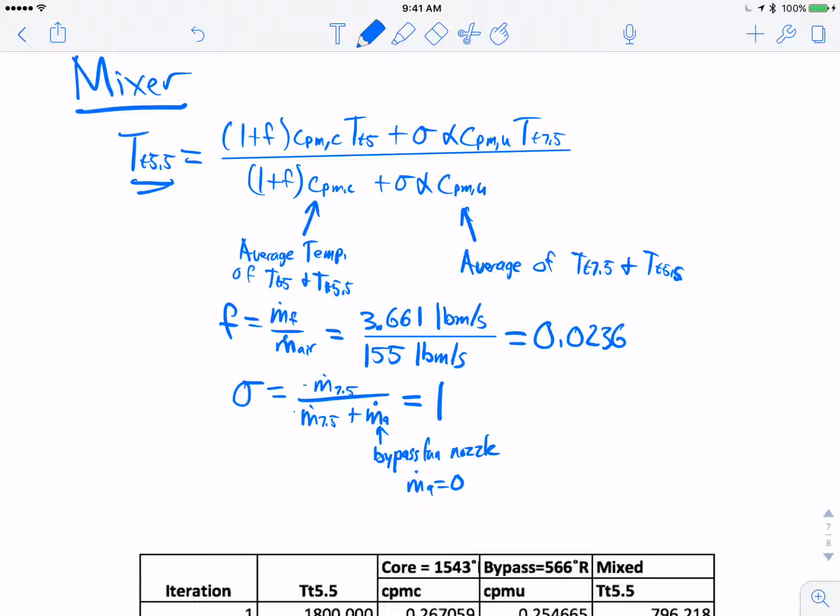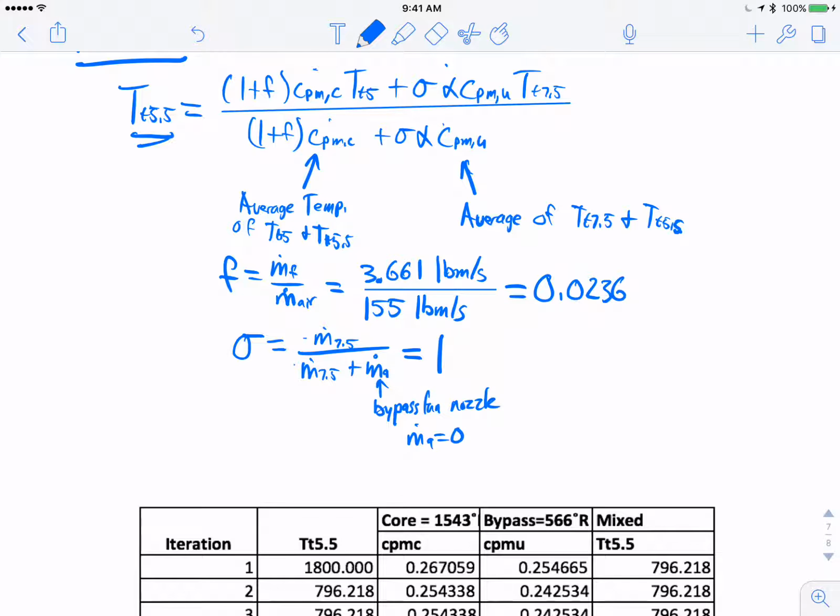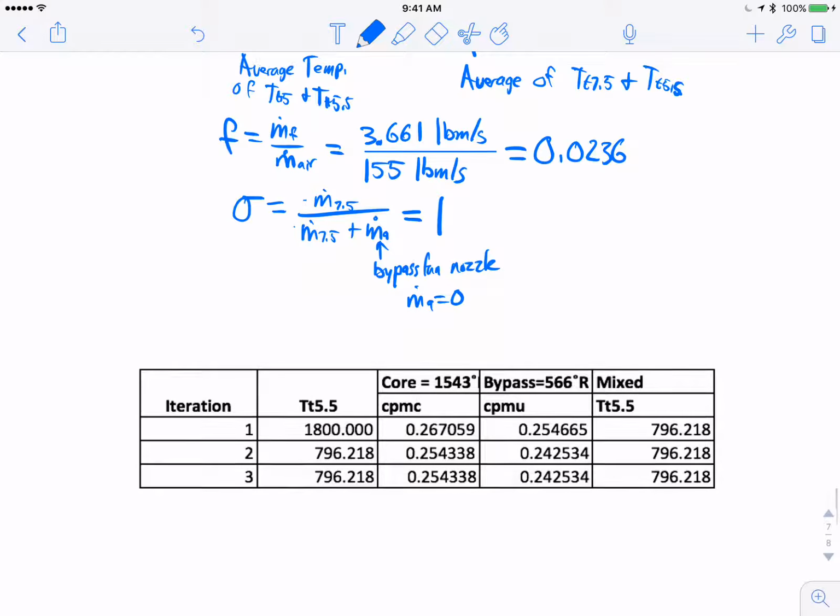And so once again, we're going to need to iterate. We're going to start out with some guess of TT5 in order to evaluate our specific heat properties here, and then we'll use that guess to calculate a new temperature of TT5.5, and then again feed that back to update our air properties.